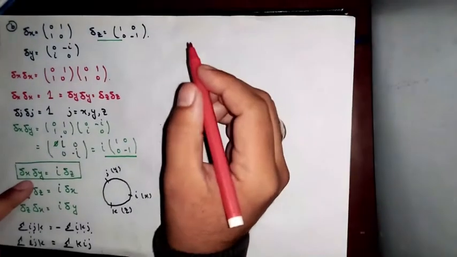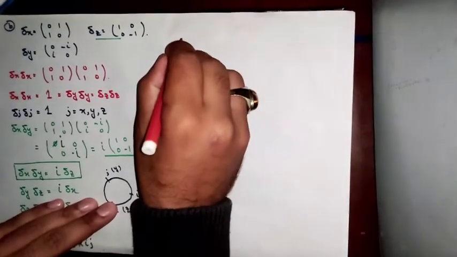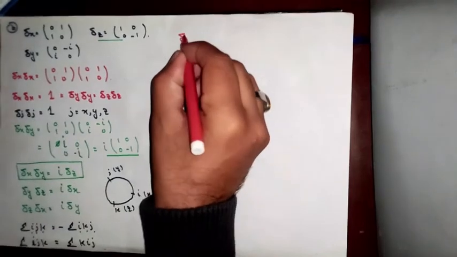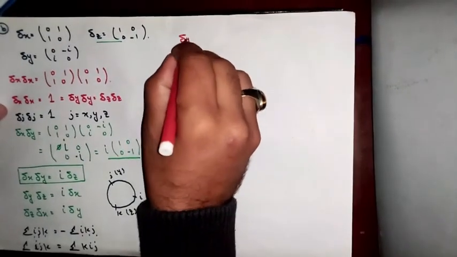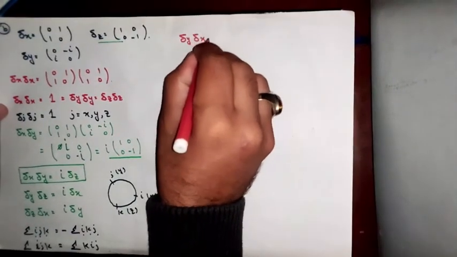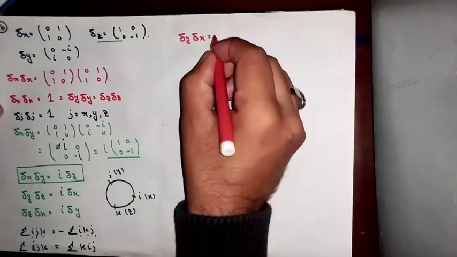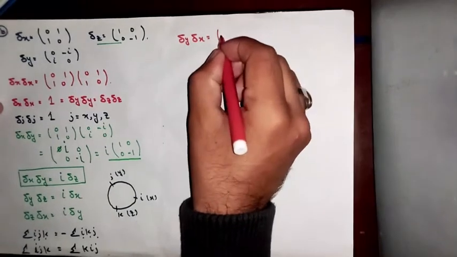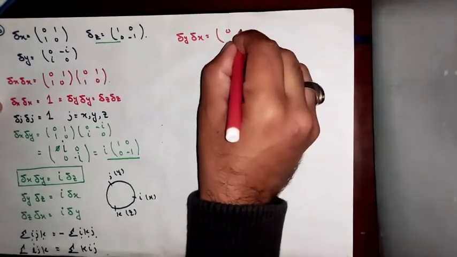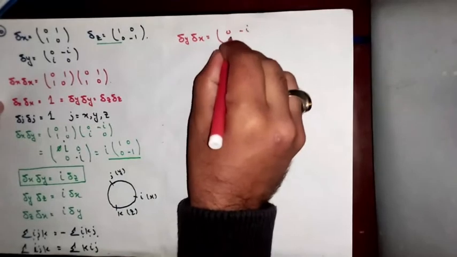Now here is sigma x and sigma y, and I can write here sigma y and sigma x. Now the places of the suffixes are changed, so we can put the value of sigma y is 0, minus iota and iota, 0.